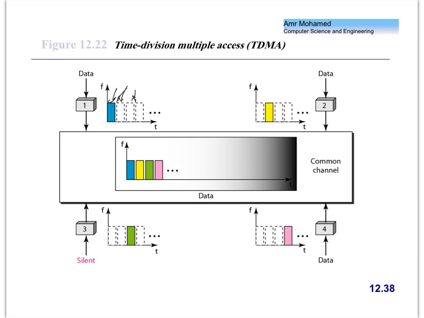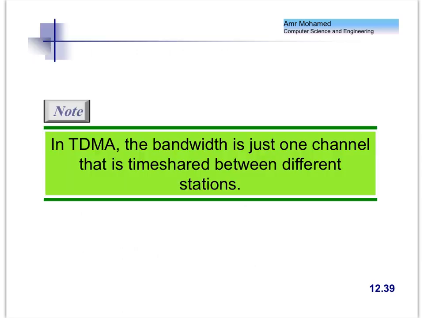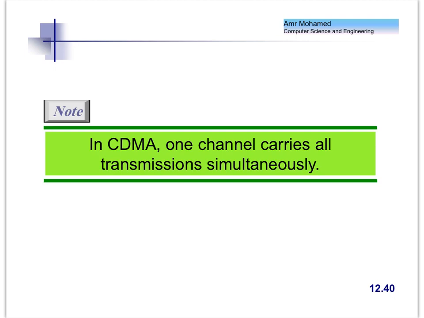We still need guard bands, not only to account for the propagation delay, but also to account for the imperfection in synchronizing the clocks across the different stations. Okay? So here, the bandwidth is just one channel, but we divide this channel in the time domain. And we still need to have guard bands.